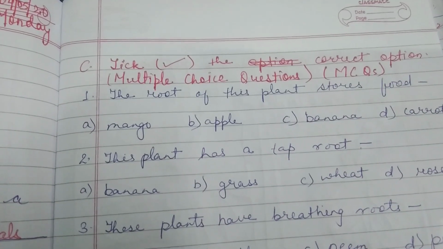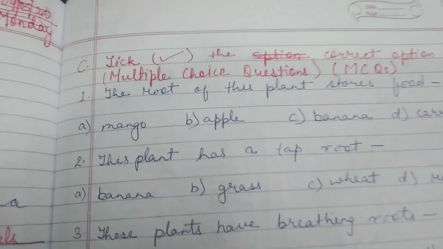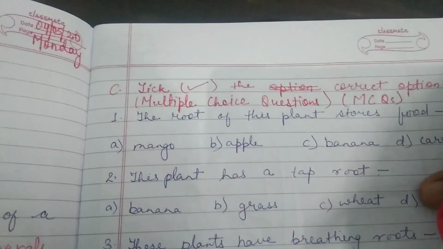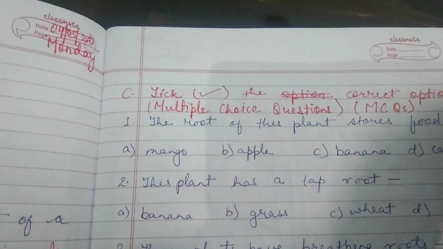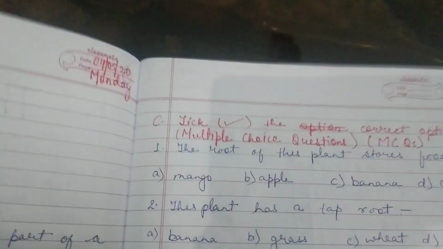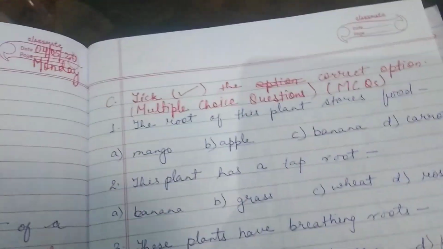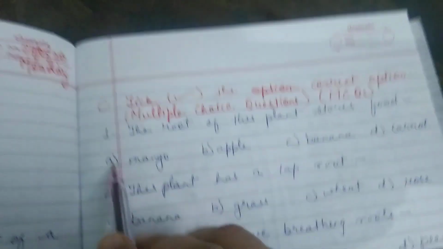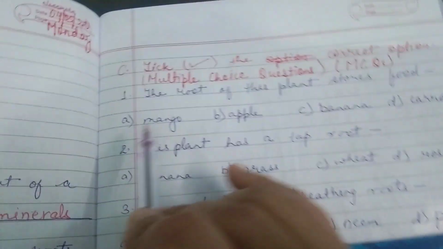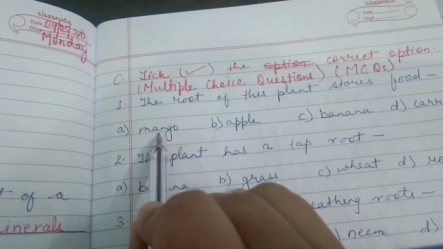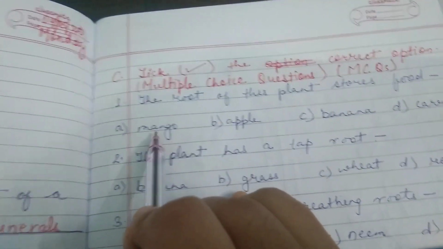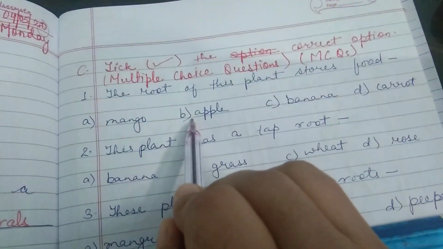The first question is, the root of this plant stores food. Option 1, mango. Have you ever eaten the root of mango tree? No, I don't think so. Apple tree?